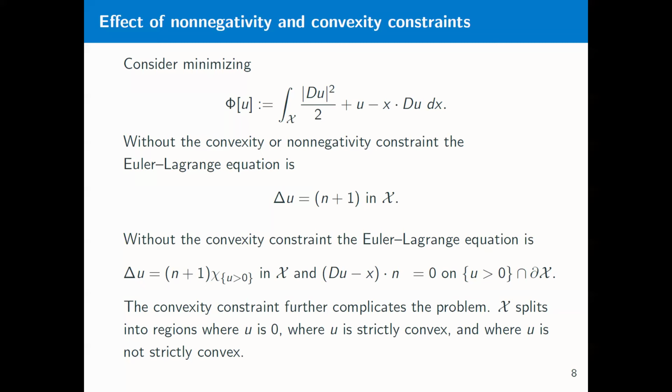So in our problem, we have two different regions that may prove troublesome as far as the regularity is concerned. One is where this non-negativity condition is binding, and one where this convexity condition is binding. So the first thing we want to do today is understand a little bit of the structure of each of those regions.